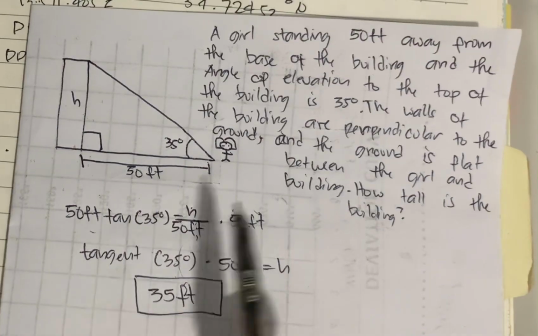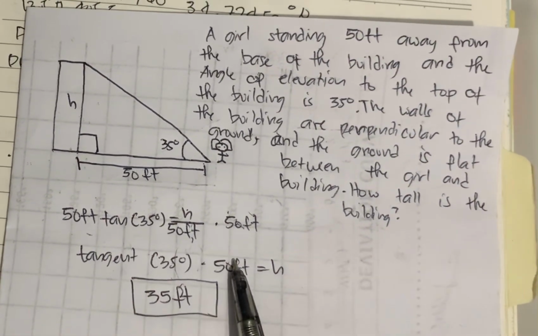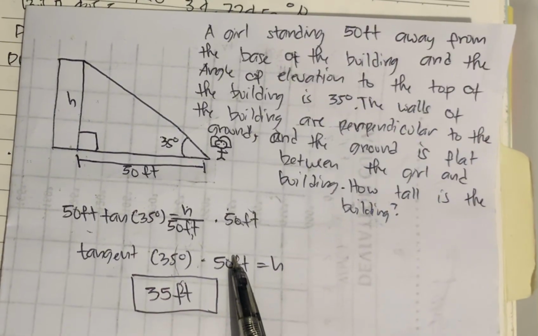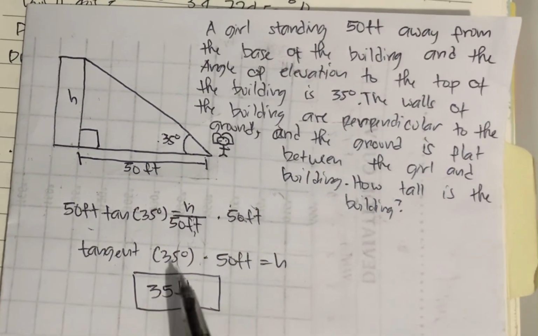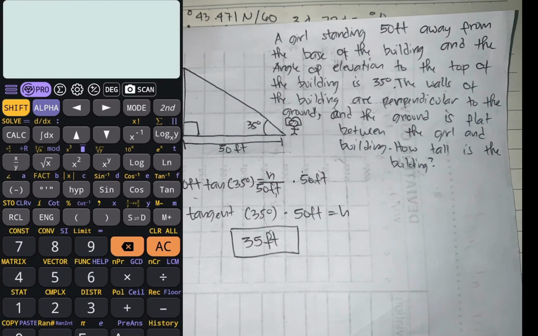So tangent 35 degrees times 50 feet is equal to about 35 feet. So this is the answer. If you have a calculator, use it to solve this situation. Input in your calculator tangent 35 degrees times 50 feet to easily get the answer.